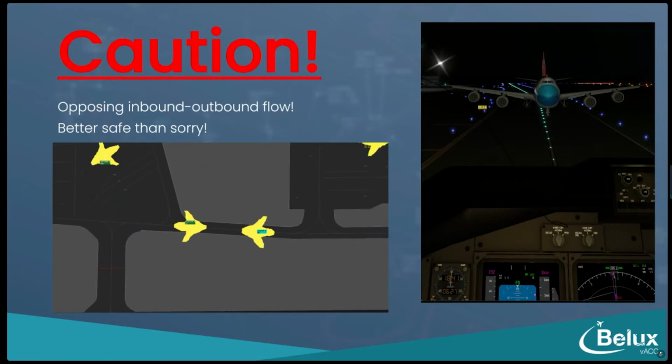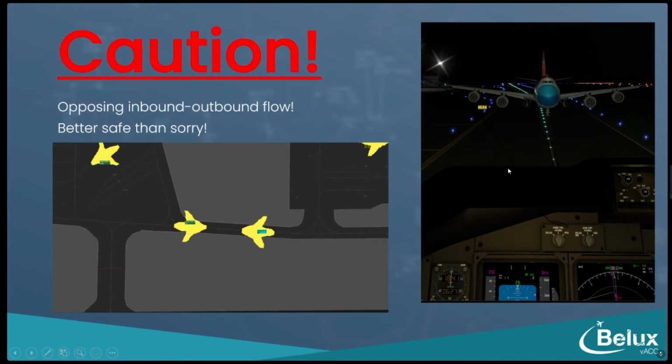I'm very sorry to bring this picture up again, but it's such a nice example to be extra careful when you are using your runway 06. Better safe than sorry. So in this case, what really happened is this plane, this is me, this was another plane. I was just taxiing towards my stand. I was over here, I think.